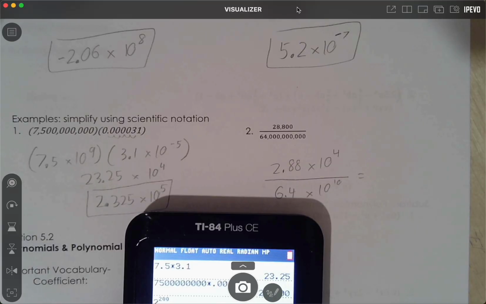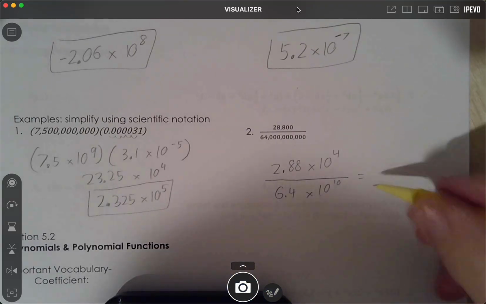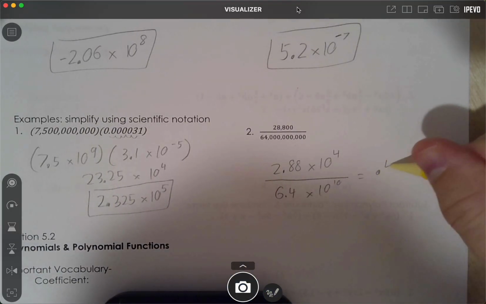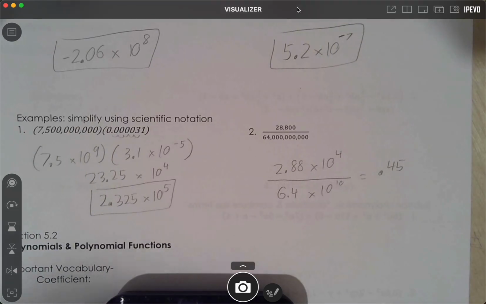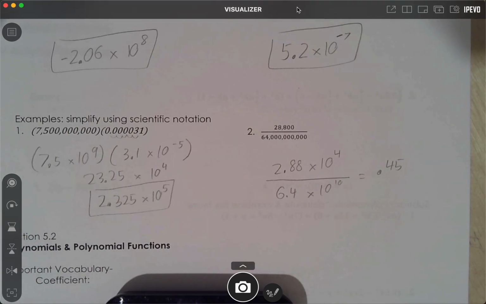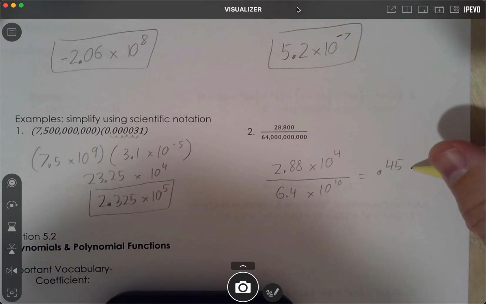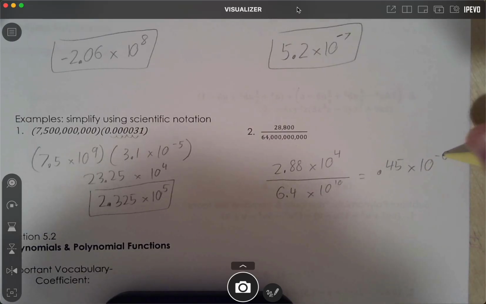So 2.88 divided by 6.4, I get 0.45 that goes in the numerator. So when you do division directly, that answer's in the numerator. And now 10 to the 4th divided by 10 to the 10th is 10 to the negative 6, because when I do division, the result goes in the numerator.